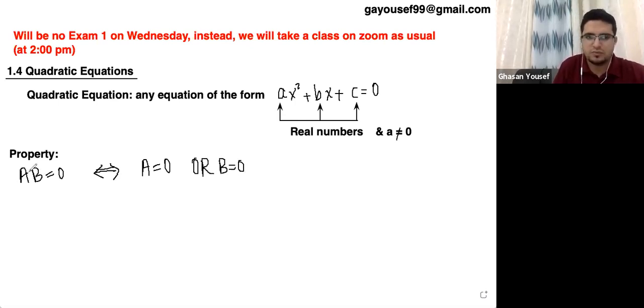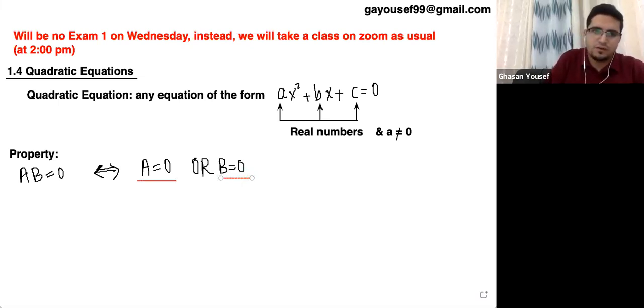So again, if I have two expressions whose product is 0, then this implies a equals 0 or b equals 0. This is a very important property. We're going to use it a lot during this section.